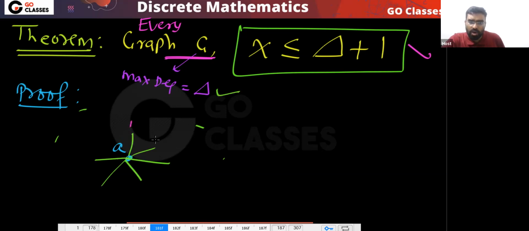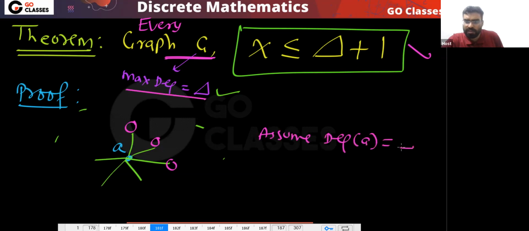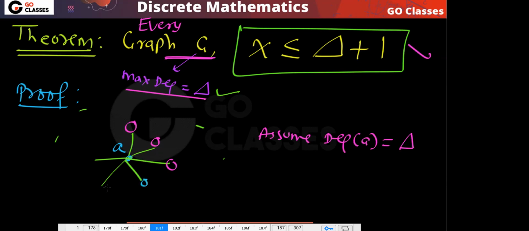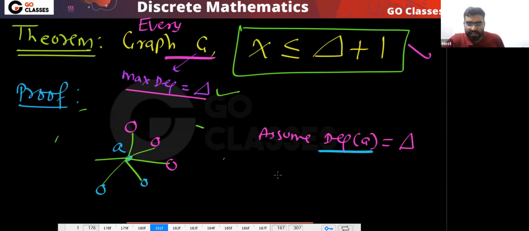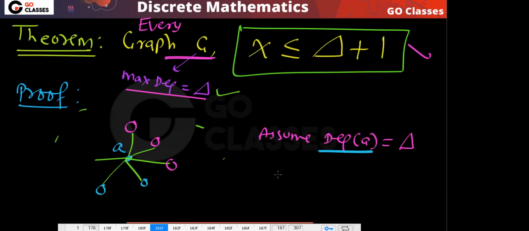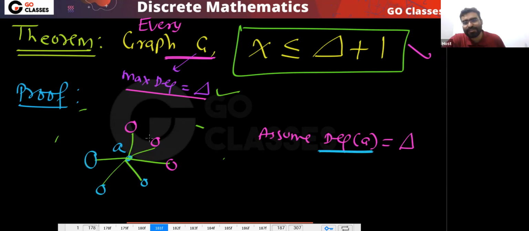Degree delta means how many neighbors are there? If A has degree delta, how many neighbors are there for A? What is the definition of degree?